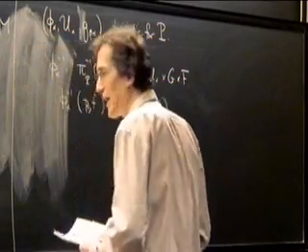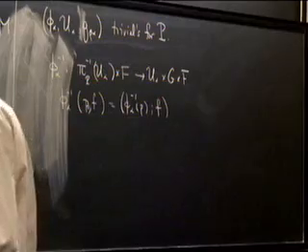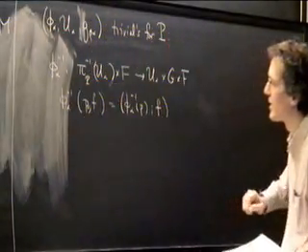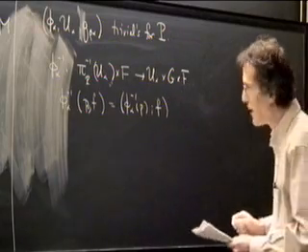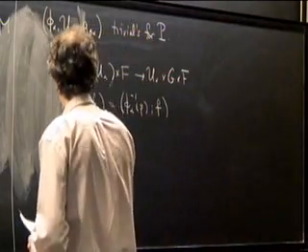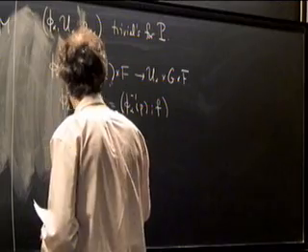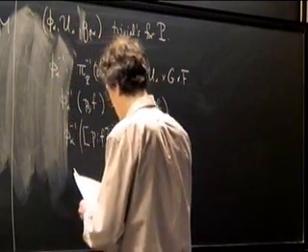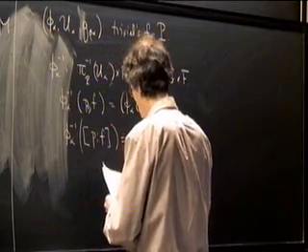Now, using the definition of the right G action in terms of local coordinates, we see that this indeed descends to equivalence classes in a well-defined way.